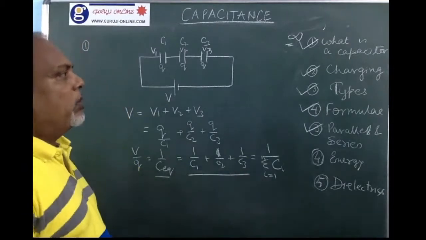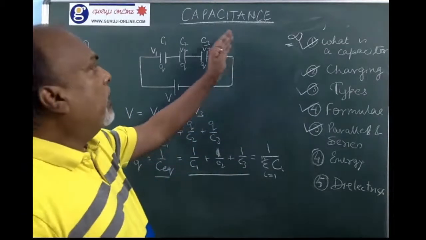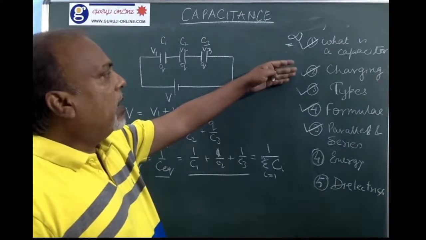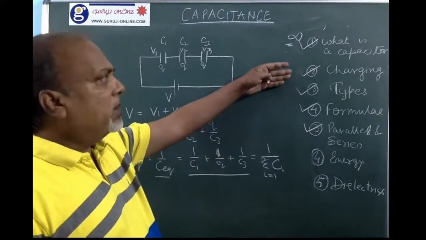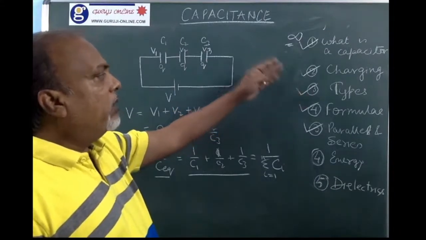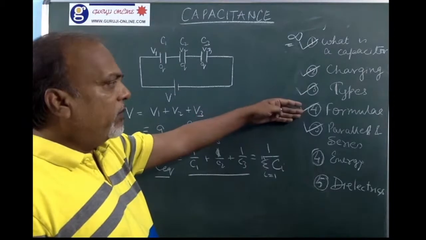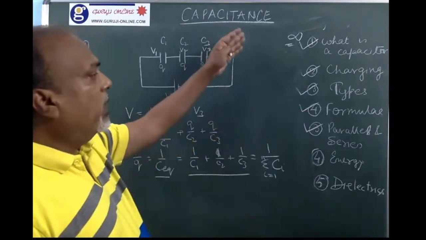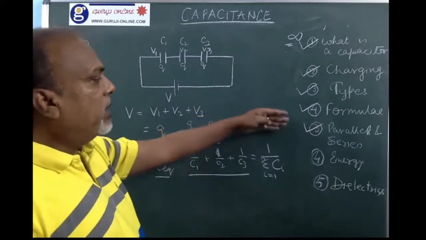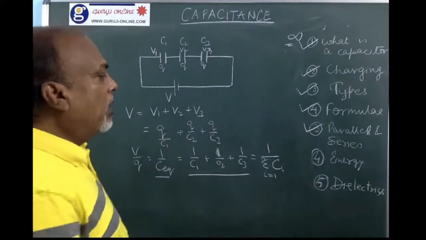So we have covered in this chapter what a capacitor is, how we can charge capacitors, what types of capacitors there are, and we have seen different types of capacitors. We have derived different formulas for finding the capacitance, and what an isolated spherical capacitor is.